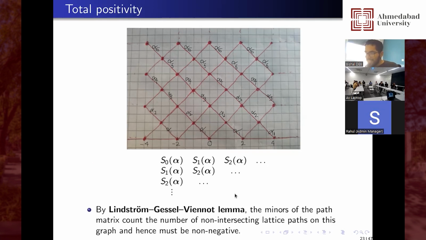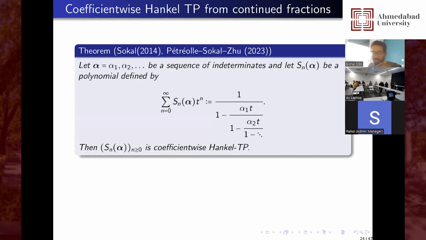I will not tell you what the Lindström-Gessel-Viennot lemma is, but if you know what that is, it says that the minors of this matrix count the number of non-intersecting paths on this graph. And since it is counting something, it should be non-negative. And this is how you prove this theorem.